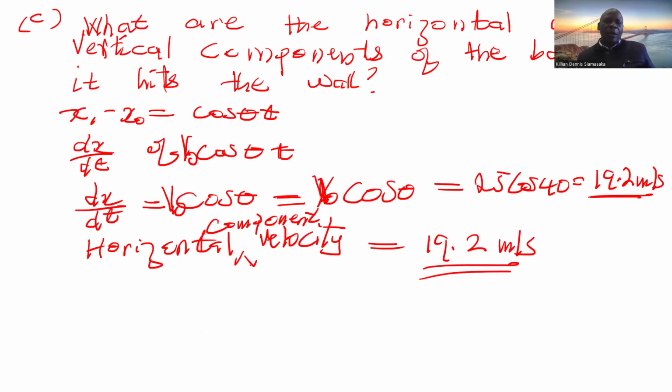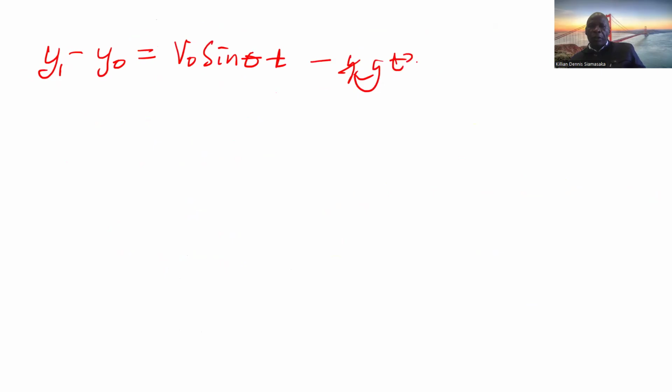Okay, so what about the vertical component? You remember we just said the displacement going up, y1 minus y0, is equal to V0 sin theta multiplied by t minus half g t squared.